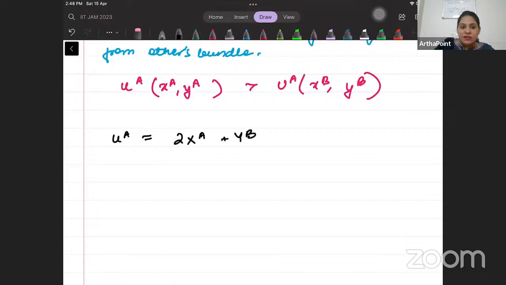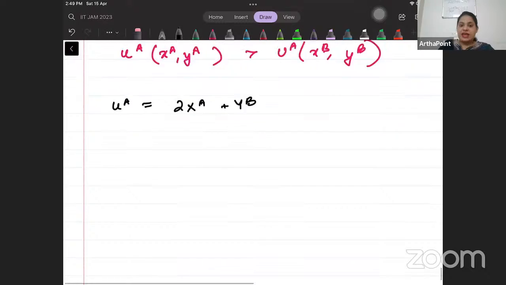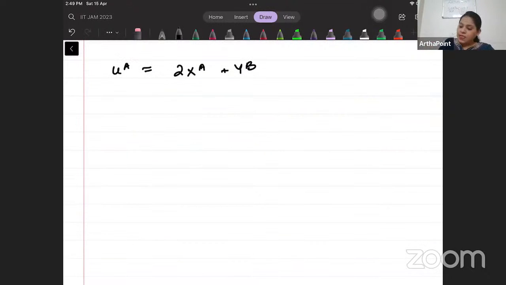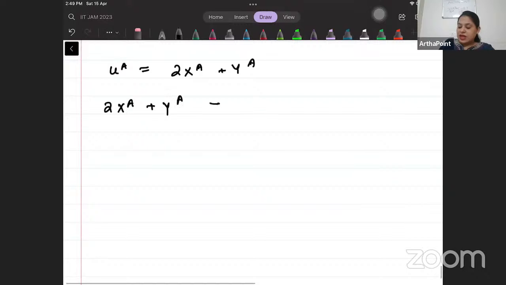So if I want to check the concept of fair, it has to be envy free. So I want that 2xa plus ya should be greater than 2xb plus yb.